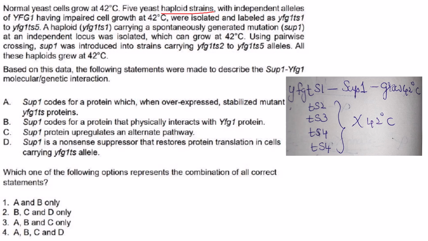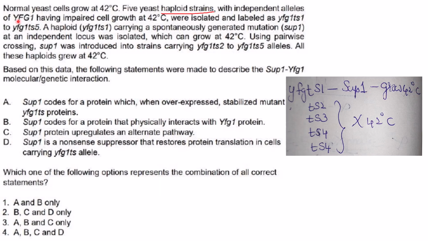A haploid YFG1 TS1 carrying a spontaneously generated mutation SUP1 at an independent locus. Okay. Now they have taken a YFG1 TS1 strain carrying the mutation for YFG1, and they have found that it is carrying a spontaneously generated mutation, that is SUP1, at an independent locus, not in the same locus as this one. And they isolated and found that it is able to grow at 42 degrees Celsius.